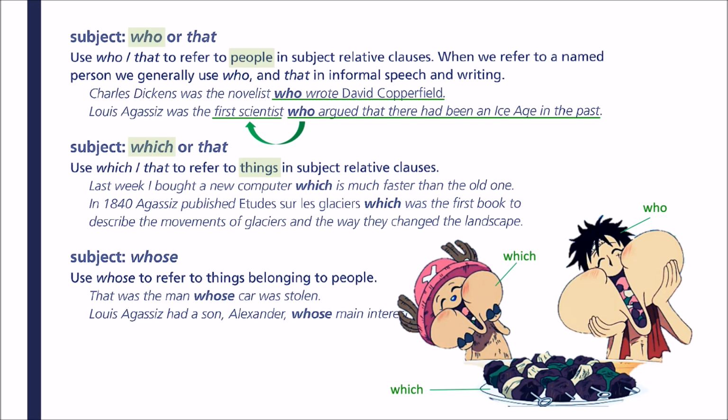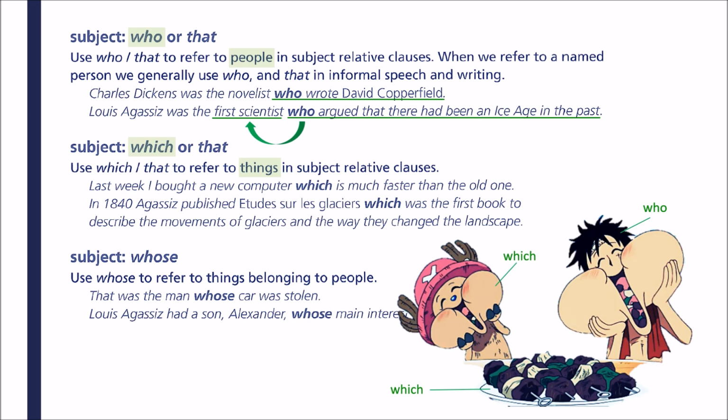This brings us to the case of animals. When we refer to animals in general, we usually use the pronoun it. So we can use the relative pronoun which. However, when we know the gender of the animal, say if your pet is male, you would use the pronoun he.